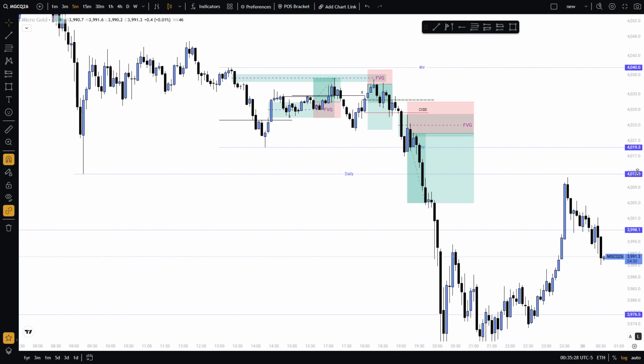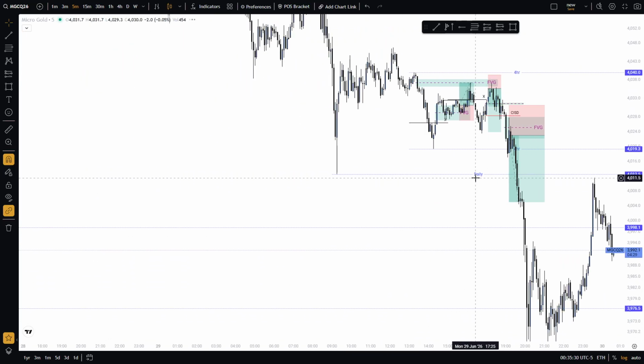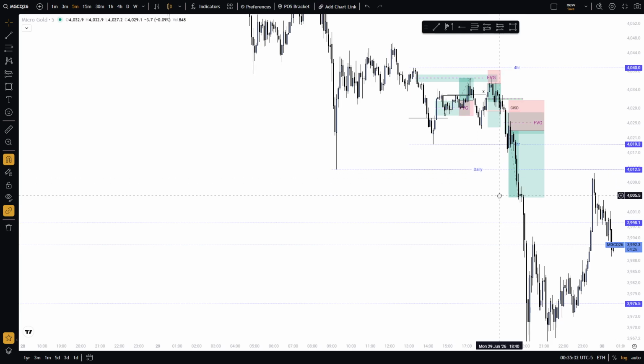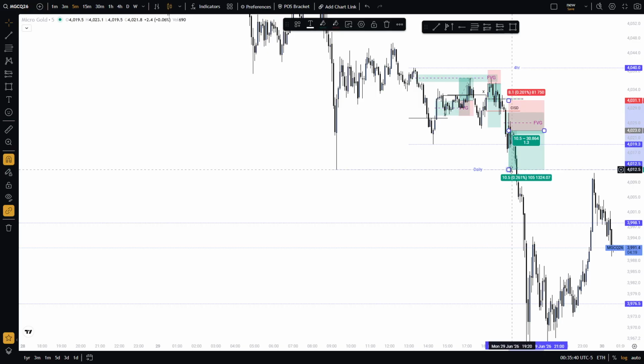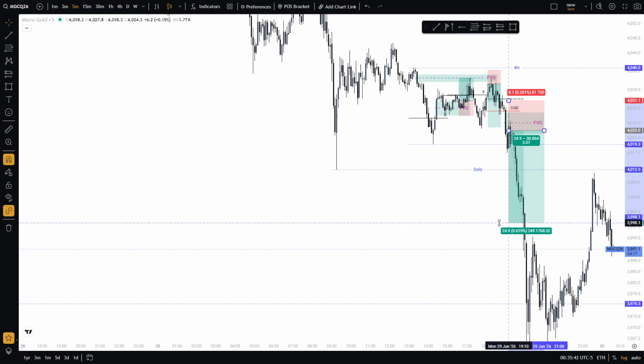Now the liquidity we would target, you have the previous low right here, which would be 1 to 3. So roughly $230. Here, $600.